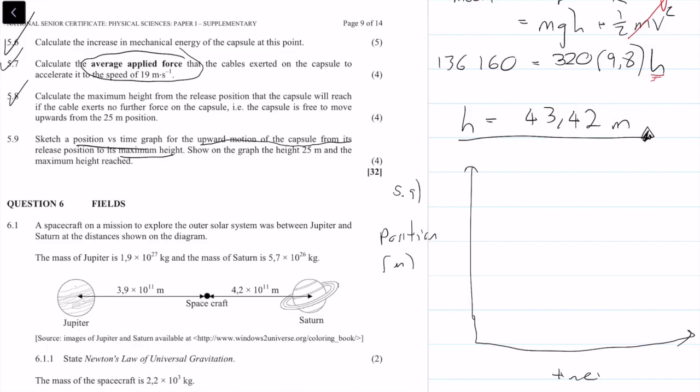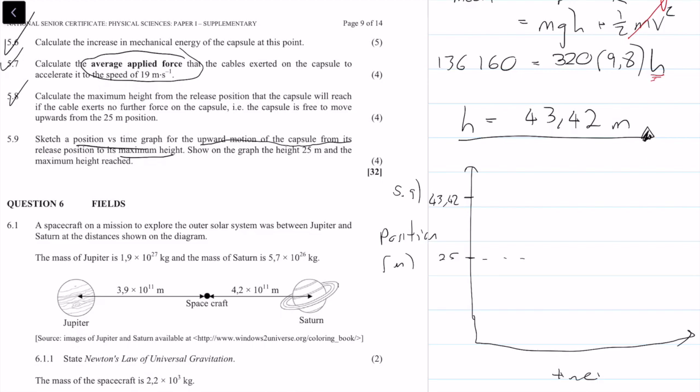Show on the graph the height 25 meters and the maximum height it reaches. So we know that we need to show 25 at some stage, and we know that we need to show the maximum height, which was 43.42. So how are we going to get the shape of this graph?